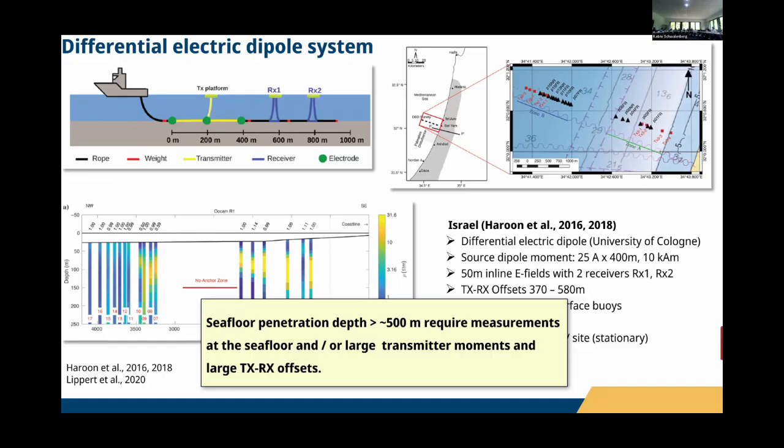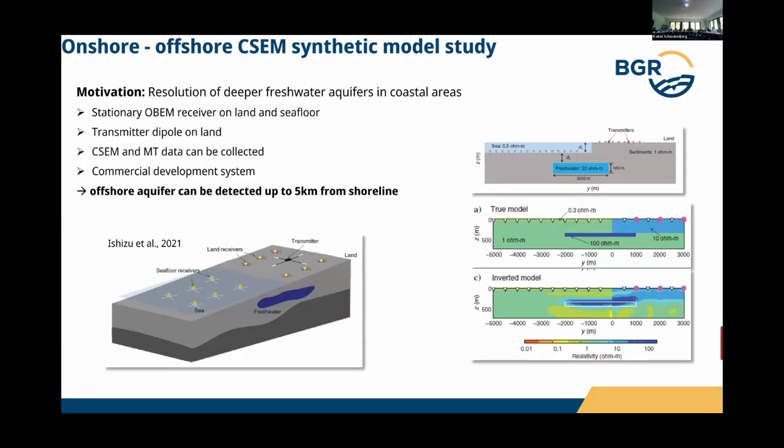They resolve maybe the upper 50 meters. And in those areas, systems which take more effort will probably be required to resolve the deeper part of the near coastal zone. That has been done by a synthetic model study by a colleague from Japan.